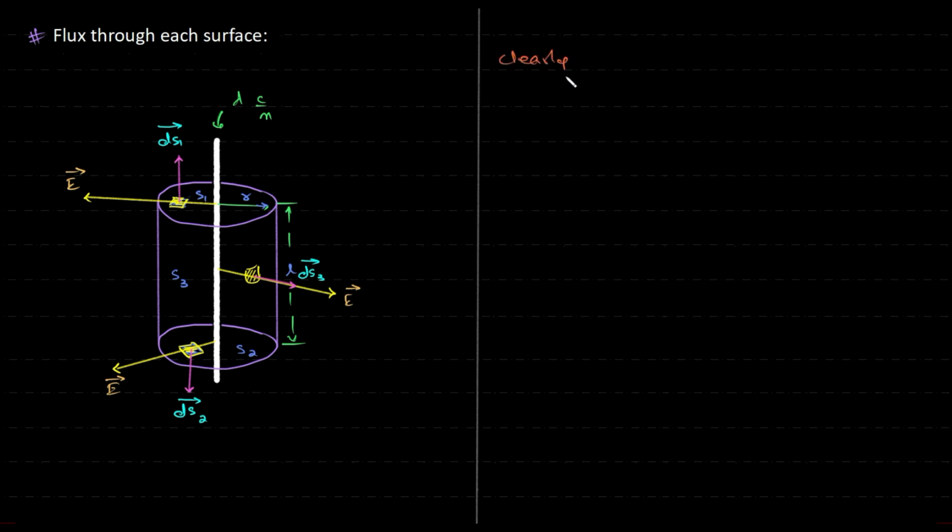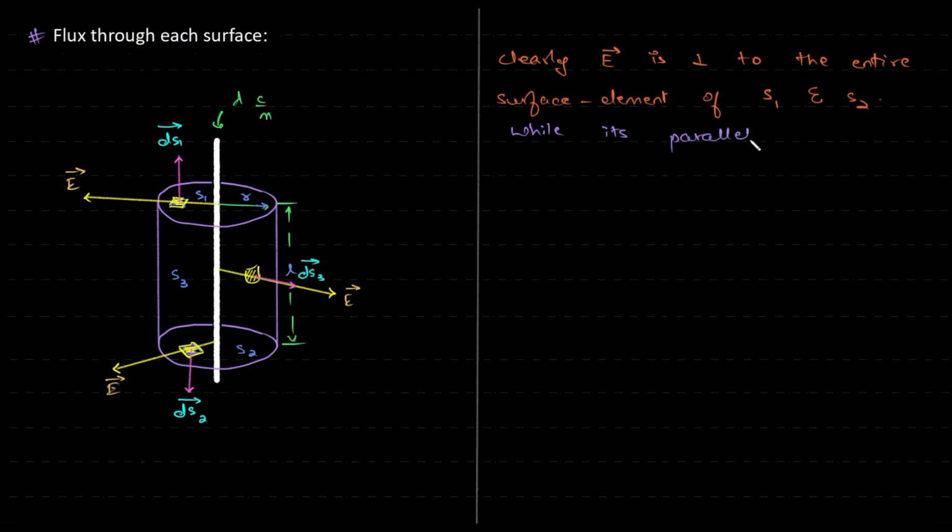So what can we tell? Clearly, the electric field lines are perpendicular to the surface elements of S1 and S2, while parallel to S3.